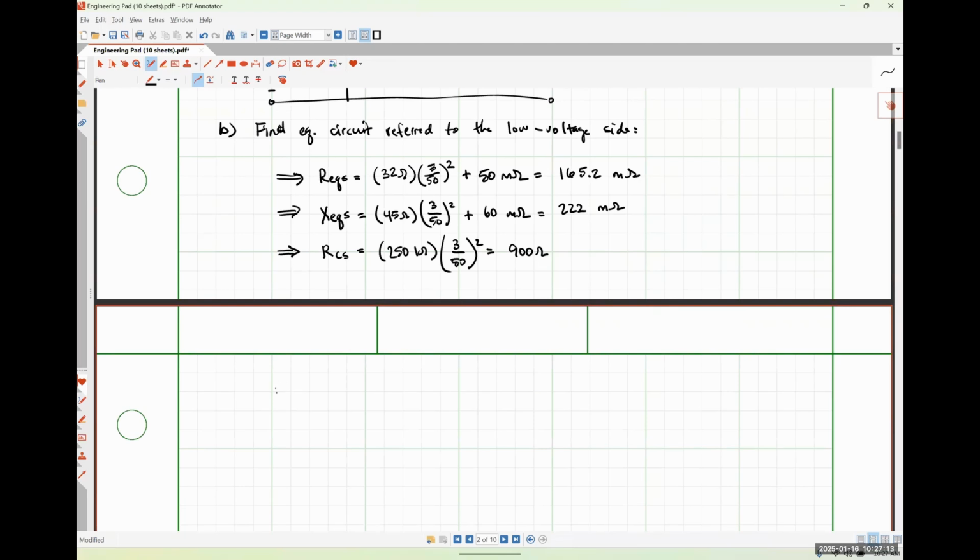And then lastly, we have our magnetizing reactance referred to the secondary side. That's going to be 30 kiloohms times that quantity 3/50 squared, which comes out to be 108 ohms.